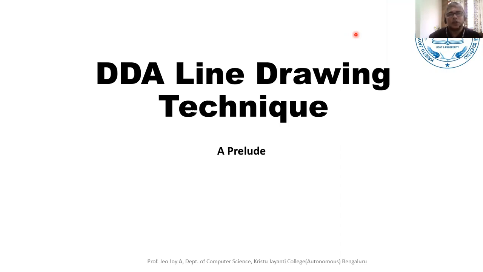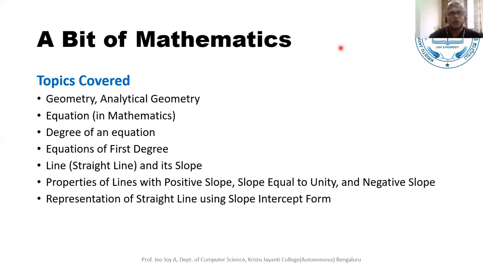As a prelude to this lecture session, we will be going through some mathematical terms, that is the basics of geometry, how you represent an equation in mathematics, degree of an equation, equations of first degree, straight line and its slope, properties of straight lines with positive slope, slope equal to unity, as well as properties of straight lines with negative slope, and of course the slope intercept form of a straight line, which is very much essential for the derivation of digital differential analyzer line drawing technique.